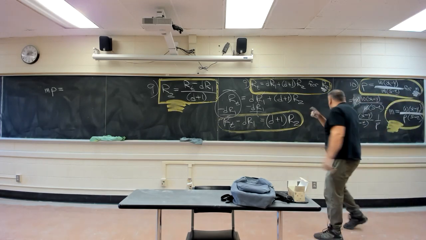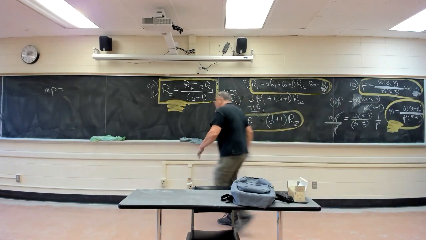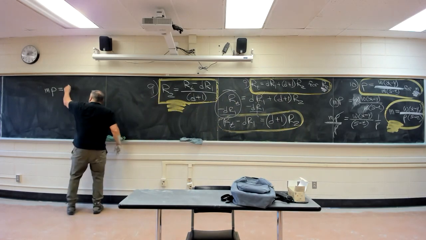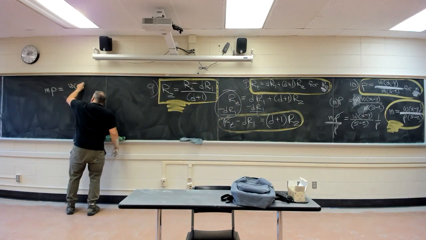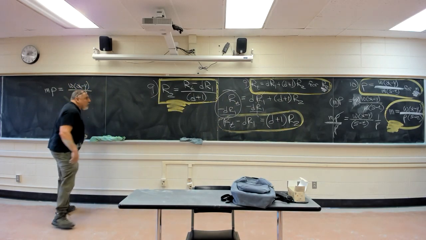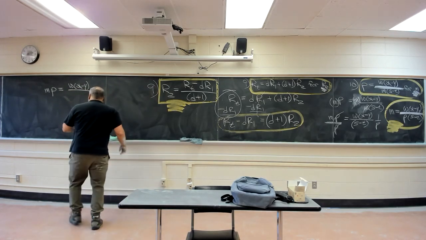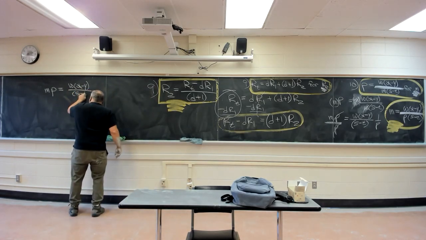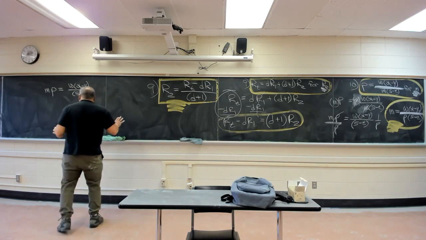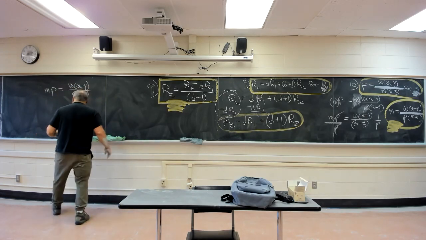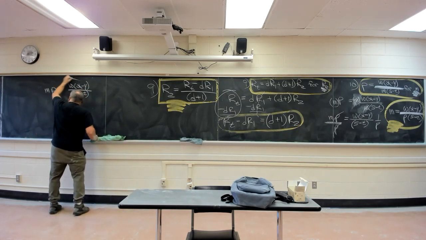So if you're going to have the MP and the W, S minus T right here, yeah, that's fine. From right here, you can take a couple different paths.